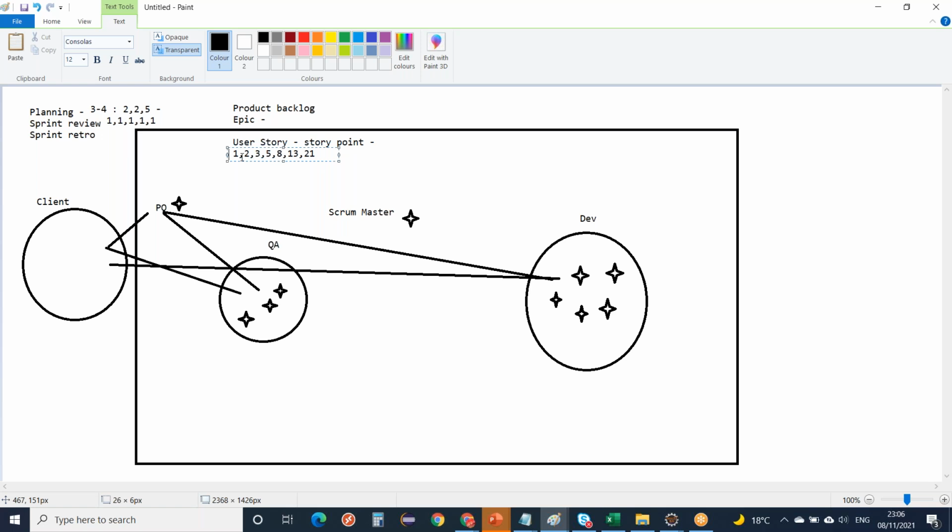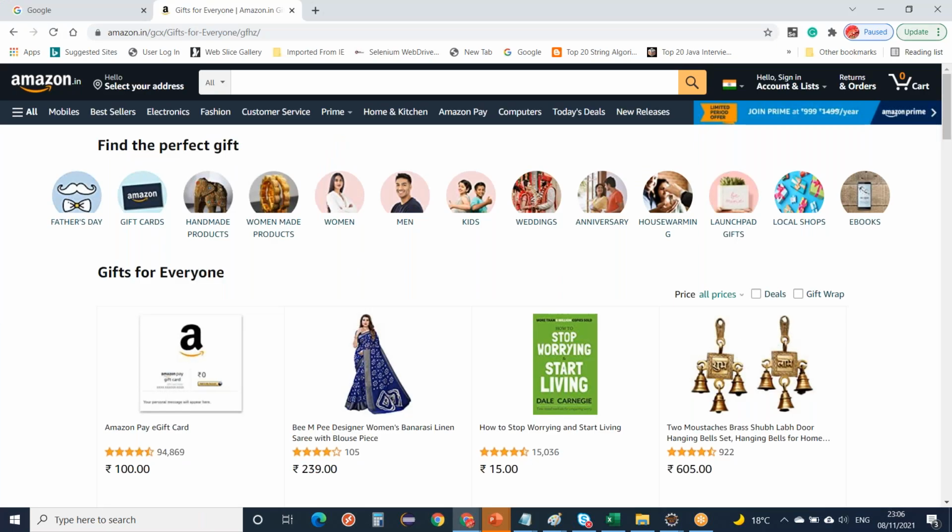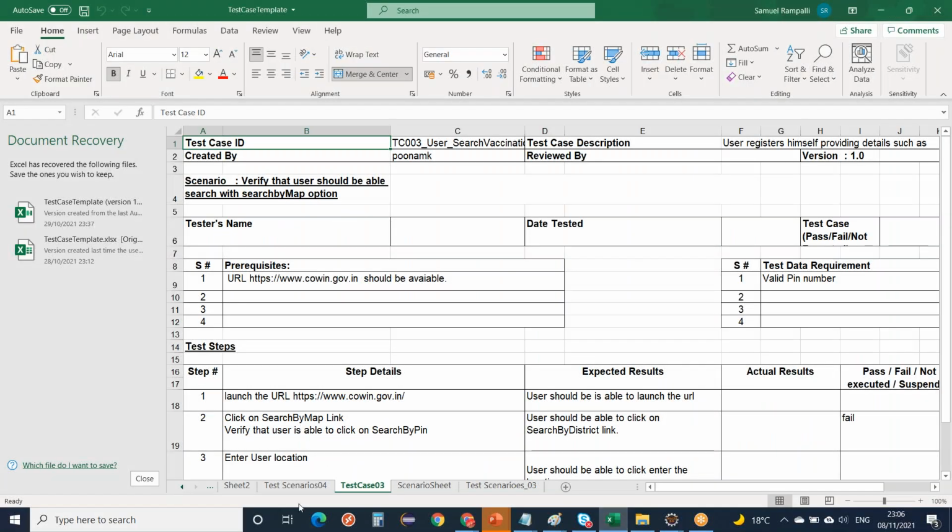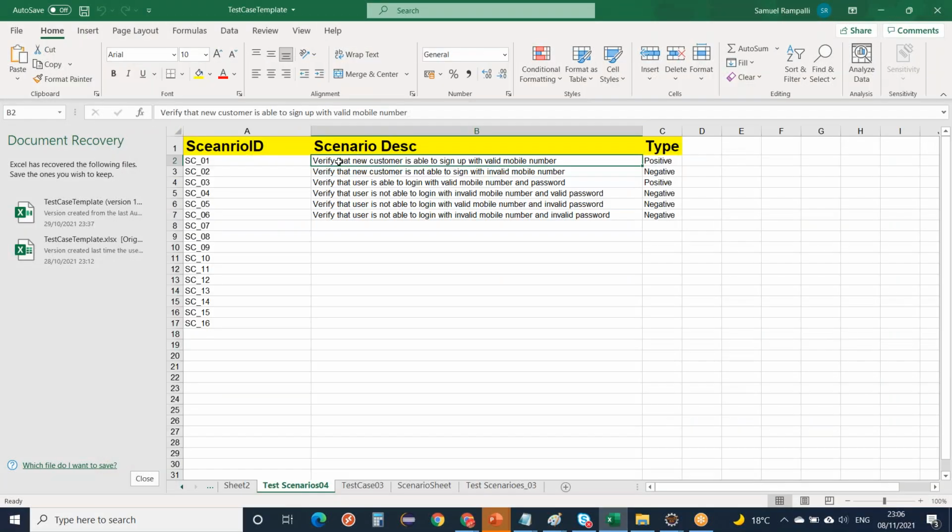Same as I told you while writing test cases: few write the test case with all details perfectly. They write the scenario from verify that user is able to log in. Few write directly sign up with a valid mobile number, that's it. Few write very short, it depends on project to project, company to company, people to people.